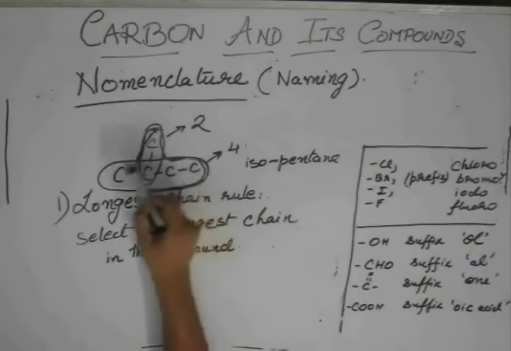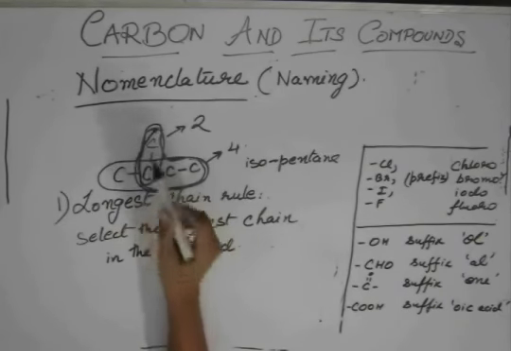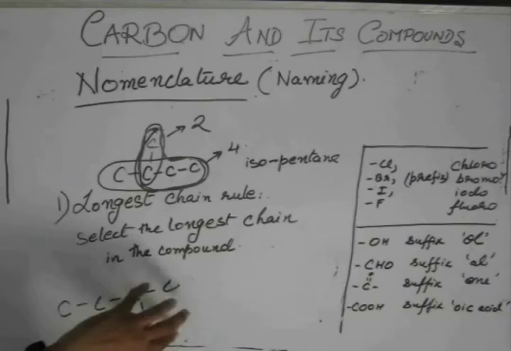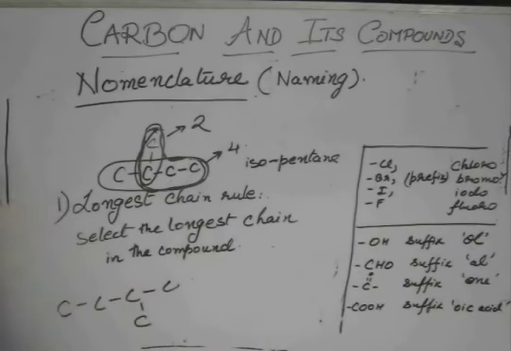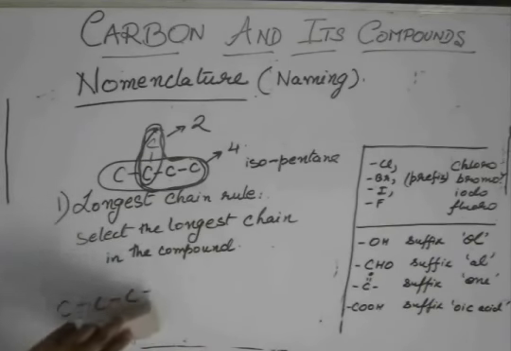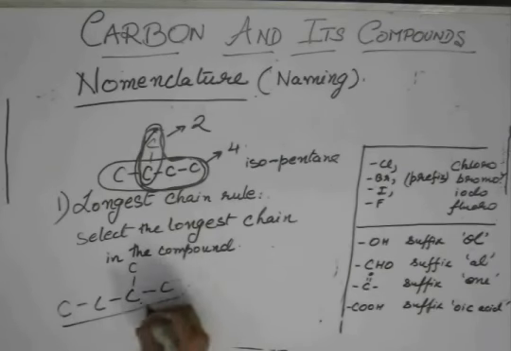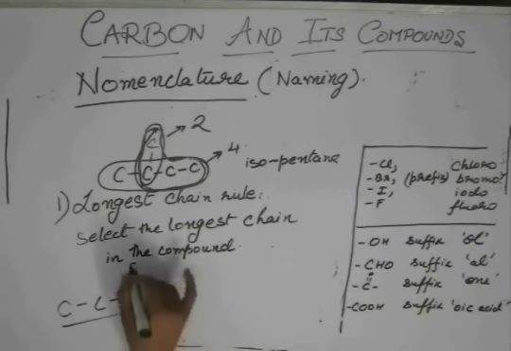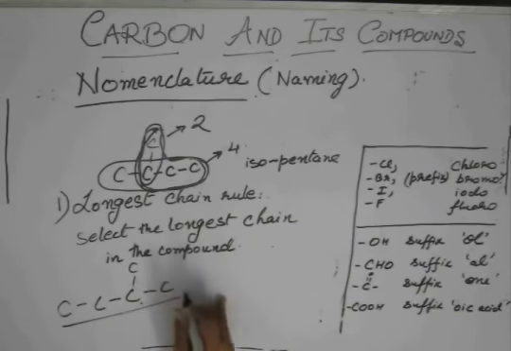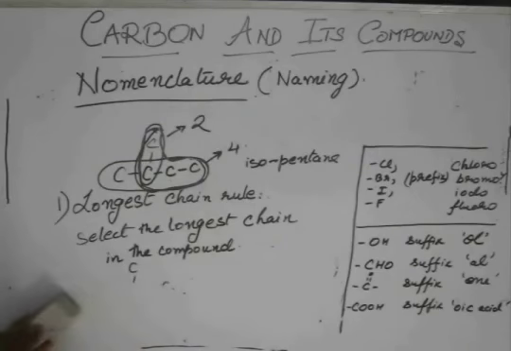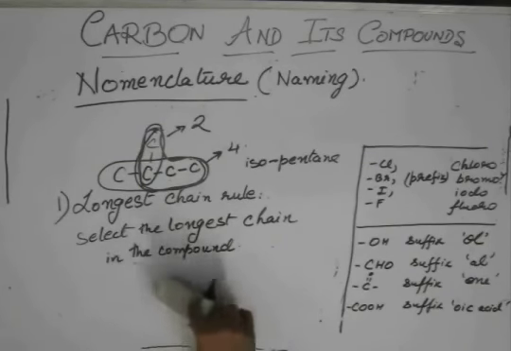But these 2 chains are equivalent. How? See, you have this branching over here. If I just rotate this, I bring this over here and that goes up. You get the same thing again, where this carbon was earlier over here and this carbon was earlier over here. So this and this are equivalent. The name will come the same from both the chains.